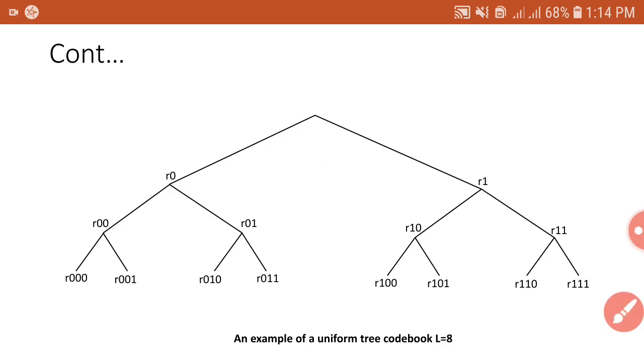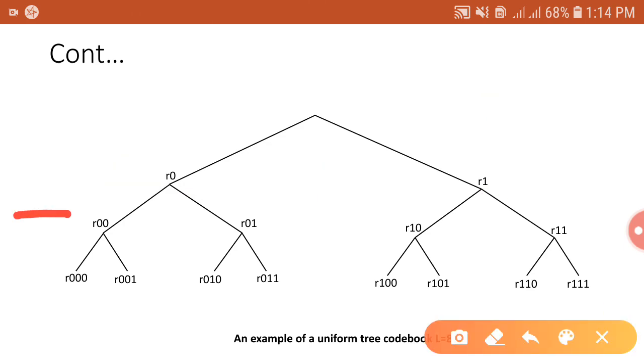Now at the next level, consider this level because you have selected the left subtree. At the next level, the distortion is measured for X with the two code vectors R00 and R01 because we have selected R0 at the first level. Now if the distortion between X and R00 is less than the distortion between X and R01, then you are selecting the left subtree.